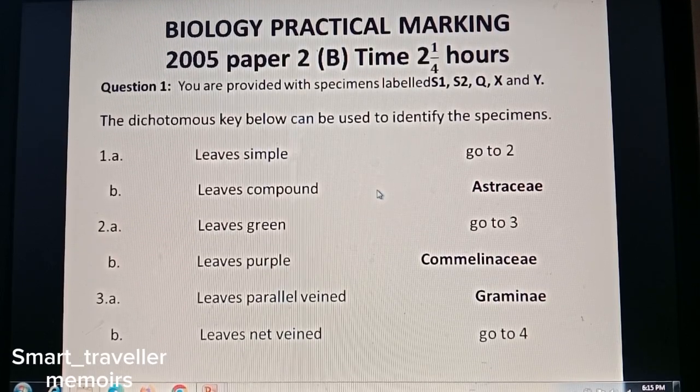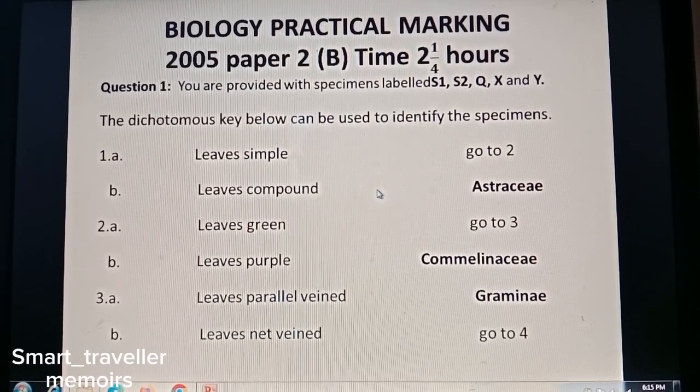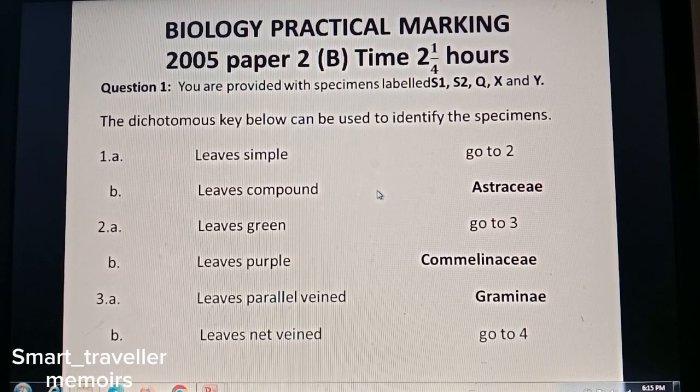The dichotomous key below can be used to identify the specimens. So we have the dichotomous key there. You know, dichotomous means two. It is a type of classification where you use two contrasting characteristics to identify a specimen.